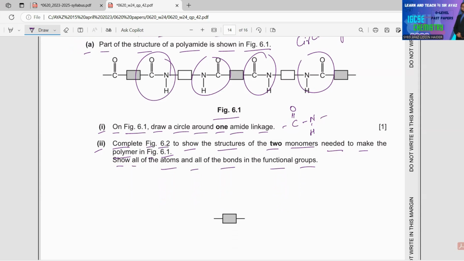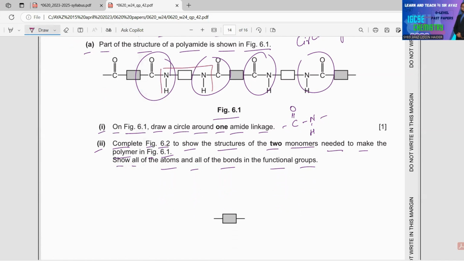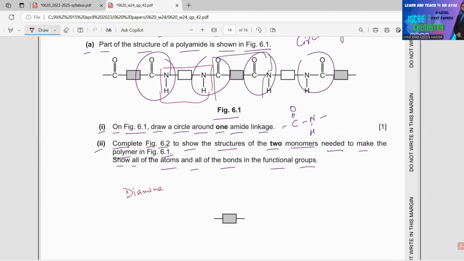The two monomers here must be, one must be diamine and the other must be dicarboxylic acid.